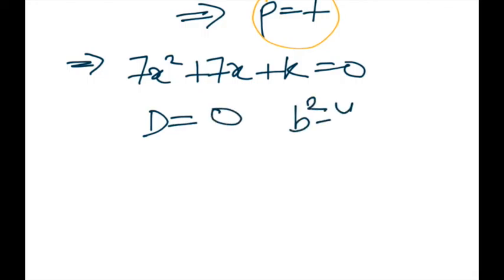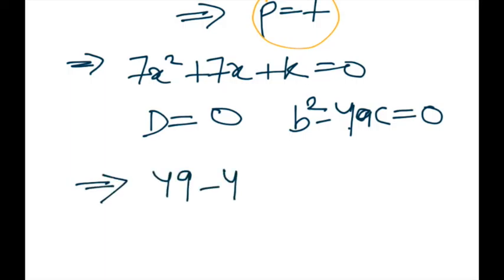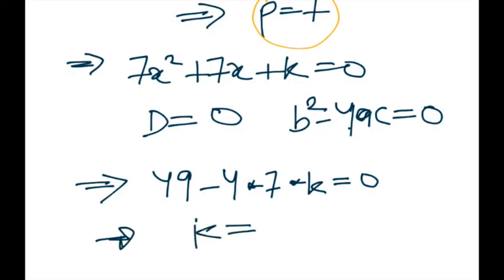B square minus 4ac is equal to 0. Therefore 49 minus 4 into 7 into k equals to 0, which means k is equal to 7 by 4.